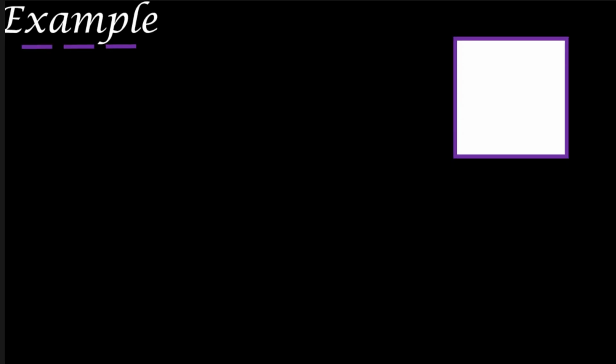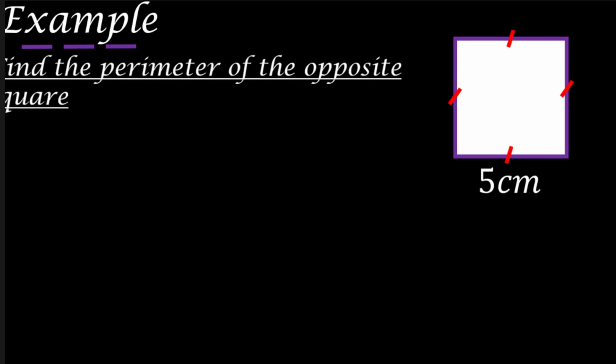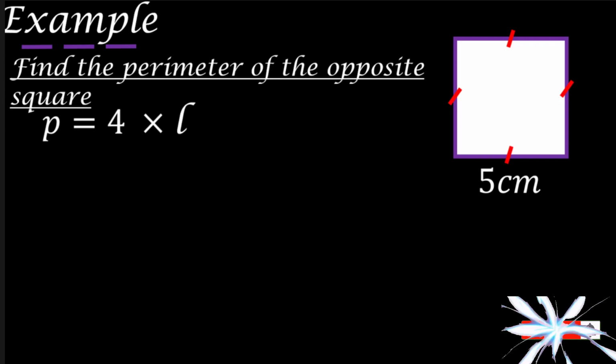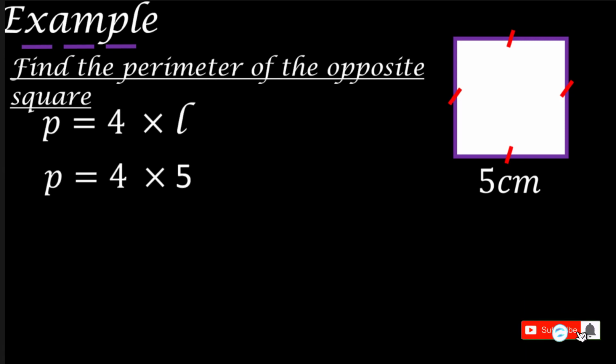For example, we have here a square. All sides are the same, each of them equals 5 centimeter. Find the perimeter of the square. Perimeter equals 4 times L, so it will be 4 times 5 equals what? 20 centimeter.